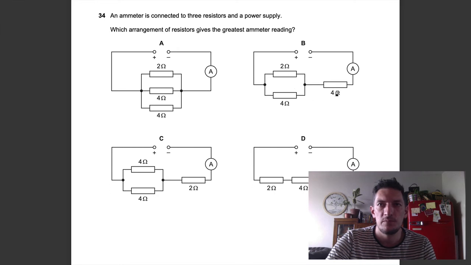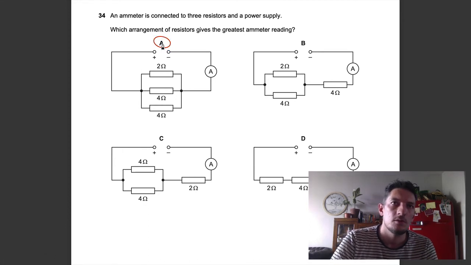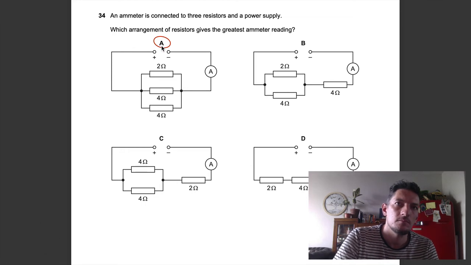You've got 2 of them in parallel and 1 in series. Here's another arrangement of 2 of them in parallel and 1 in series, and here they're all 3 in series. It's A which will have the lowest resistance. And lowest resistance means the highest current. A.